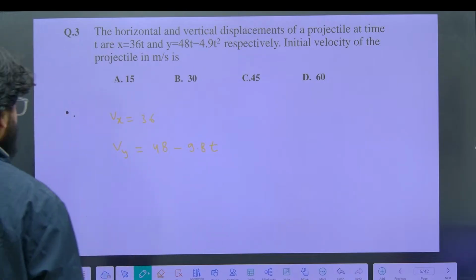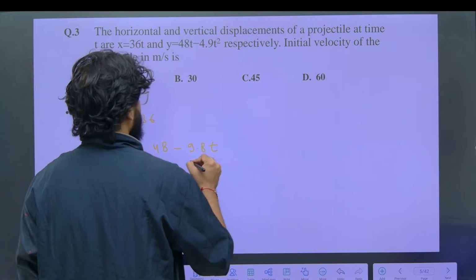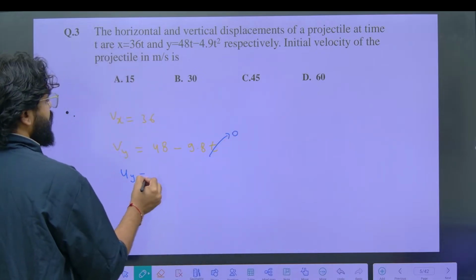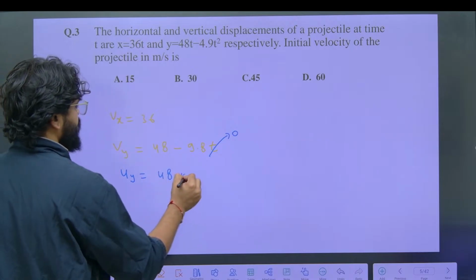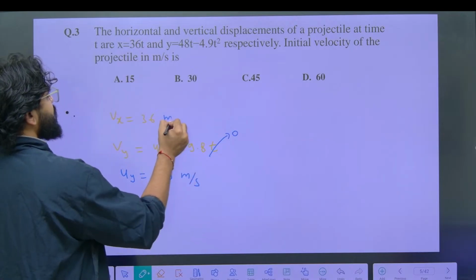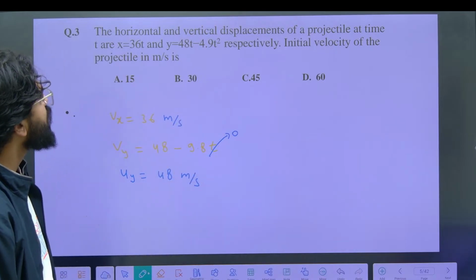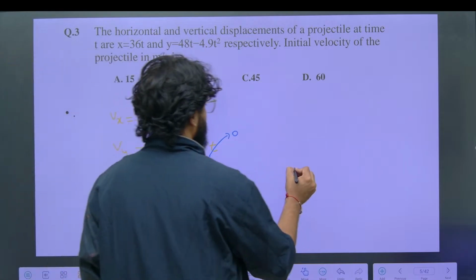Initial velocity means at t equals 0. So Vy will become Uy, which is 48 meter per second. Vx will remain the same, 36 meter per second.